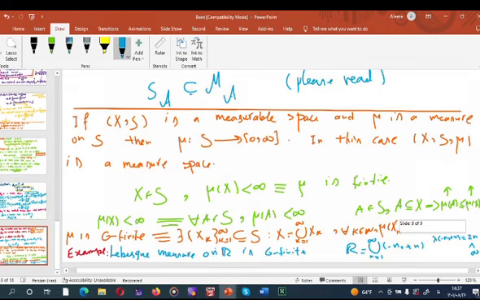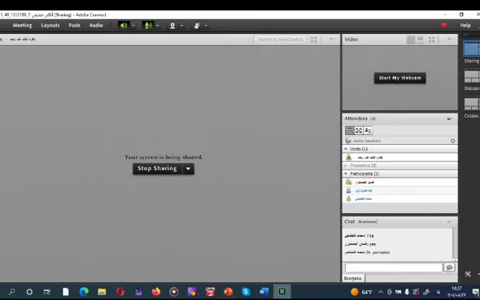And since any element of S is a subset of x and mu is monotone, mu of A must be less than mu of x, so that if this is finite, this amount must be finite too.